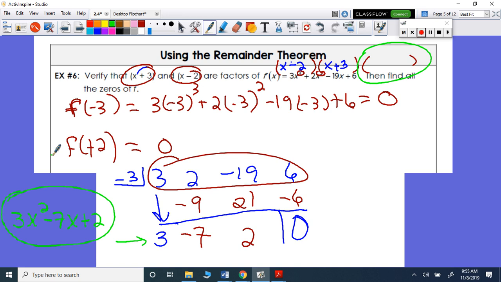Or, since I have another root that works, you could synthetically divide with these coefficients. Does that make sense? So when you get to your polynomial of degree 2, you have 3 options to find the other binomials. If it's a coefficient of 1, I certainly would factor. You could do the quadratic formula, or you could synthetically divide.